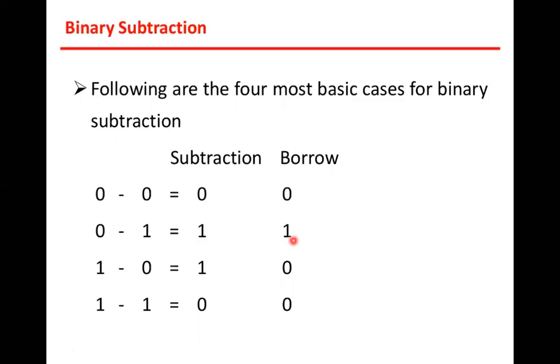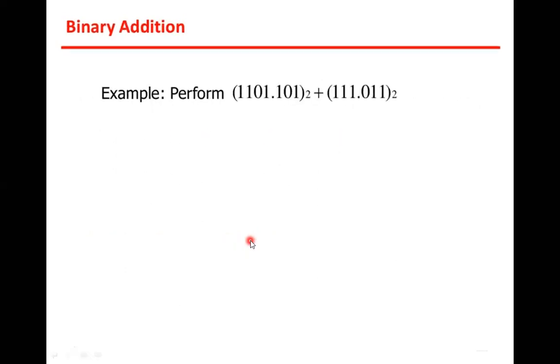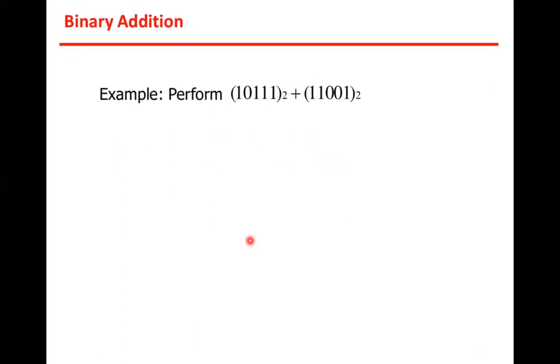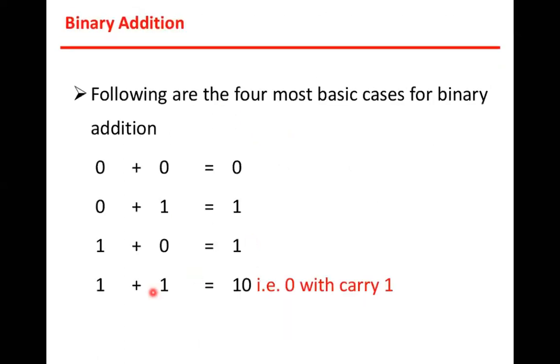when we borrow 1 from the next higher column. So this is the most interesting rule you have to remember in the case of subtraction. As I told you, in the case of addition, 1 plus 1 is 0 with carry 1.